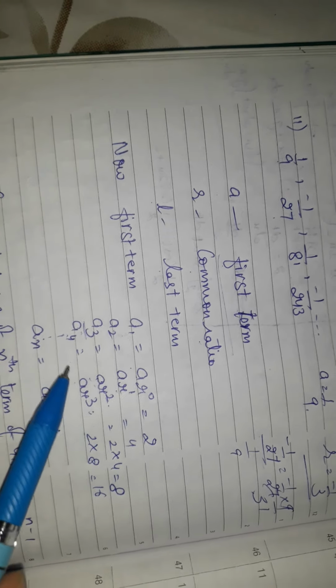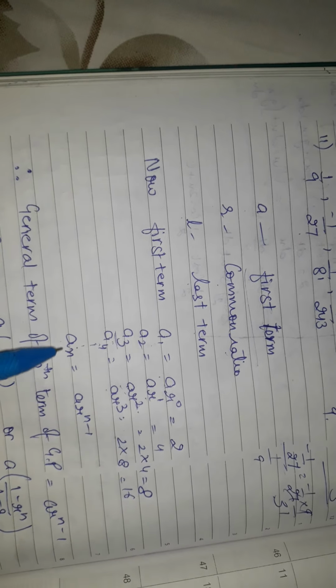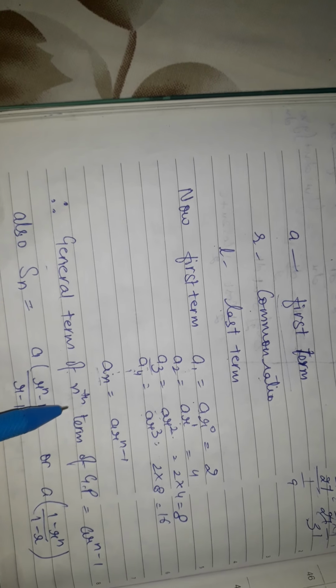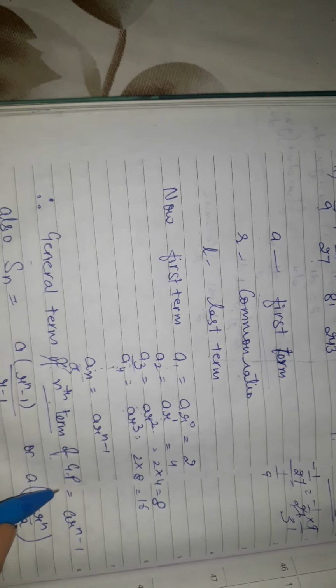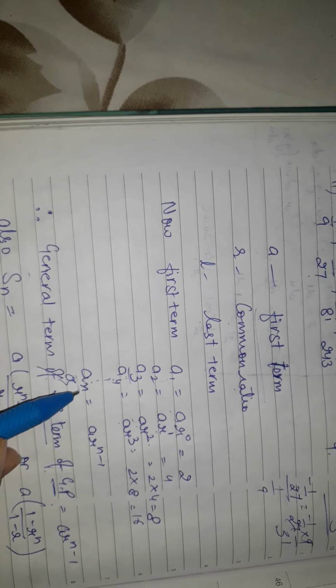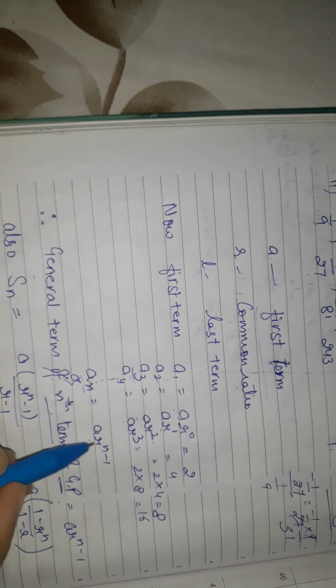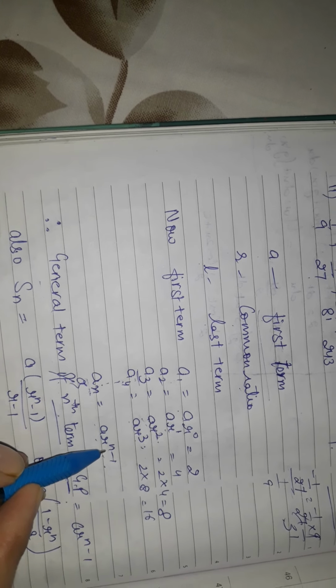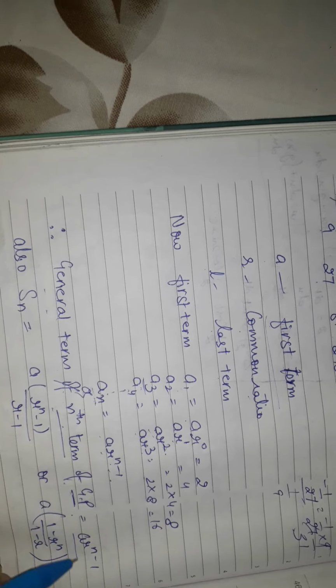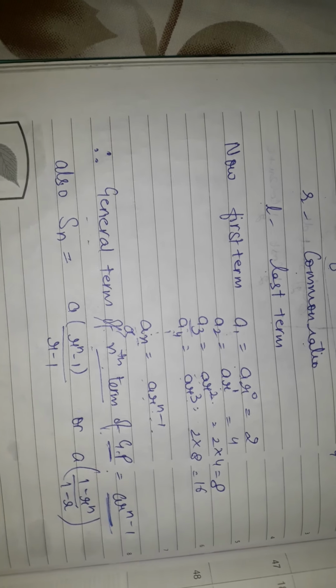So it means AN, that is the general term or nth term of GP, sorry, not AP, of GP is what? AN is AR raised to power n minus 1, because n is there, so one less than that is n minus 1. So the general term or nth term of GP is AR raised to power n minus 1.